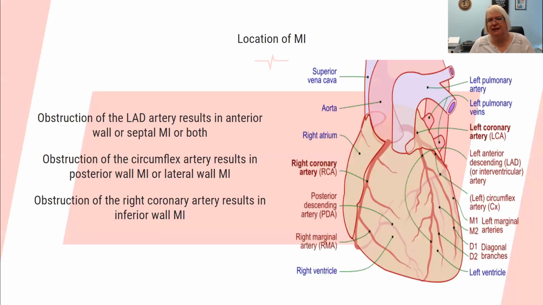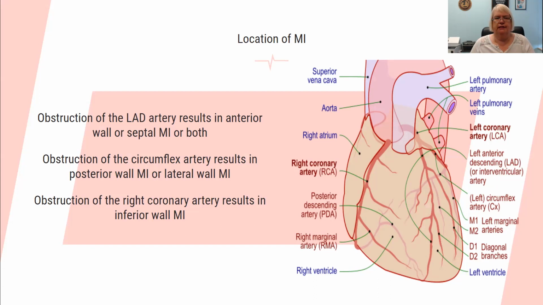Now, the location of the MI depends on what artery or what area of the heart has been occluded. So if there's an obstruction in the left anterior descending artery, which is this one here, it is the anterior wall or septal MI, or both.